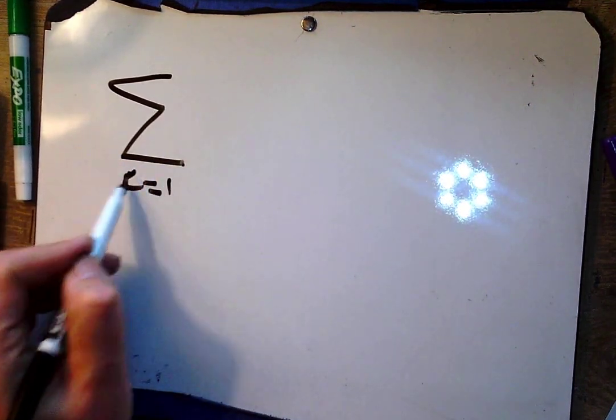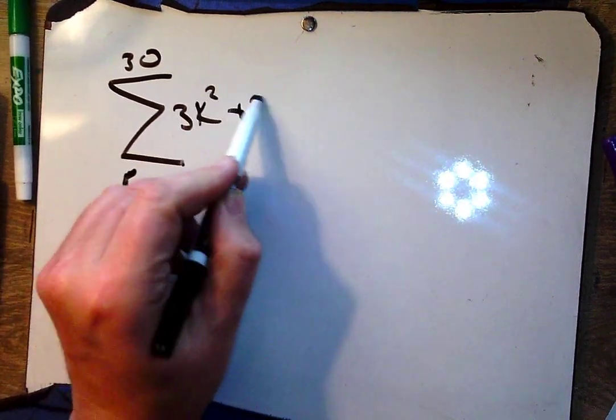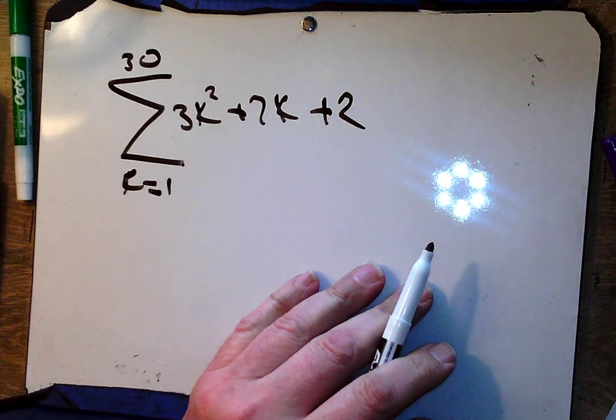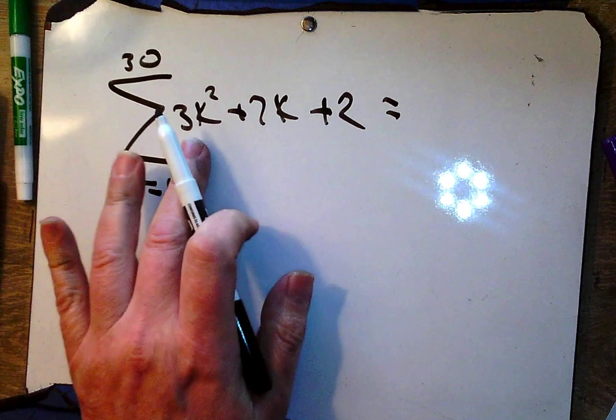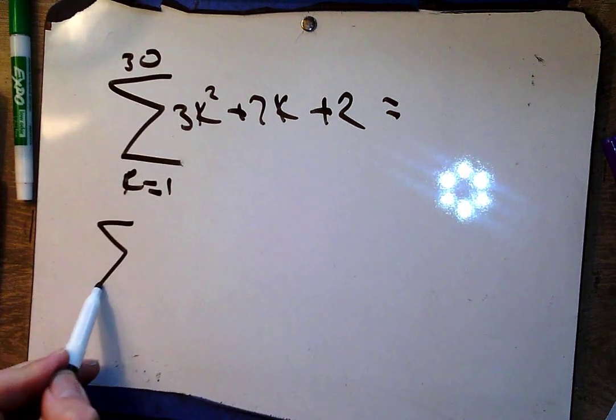The sum from k equals 1 to 30 of 3k squared plus 7k plus 2. Yeah, I know, there's a lot going on there. So the first thing I'm going to do is break this down into 3 smaller sigmas.